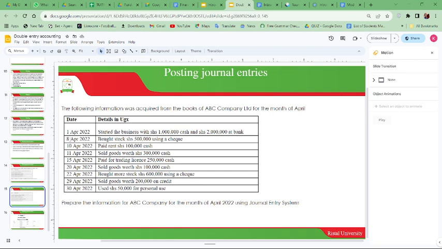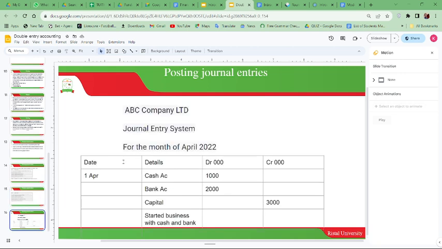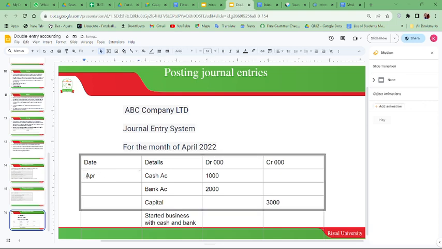1st April. Then we go to the next entry. Bought stock of 500,000 using a check. Check is the same as bank. So the date, we are going to be using the same table.